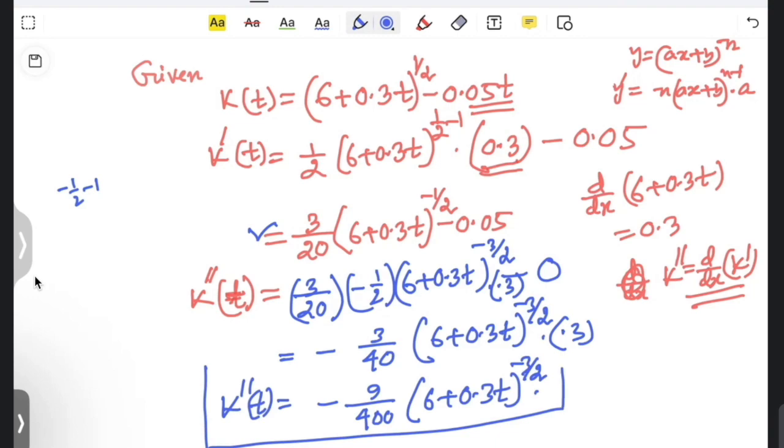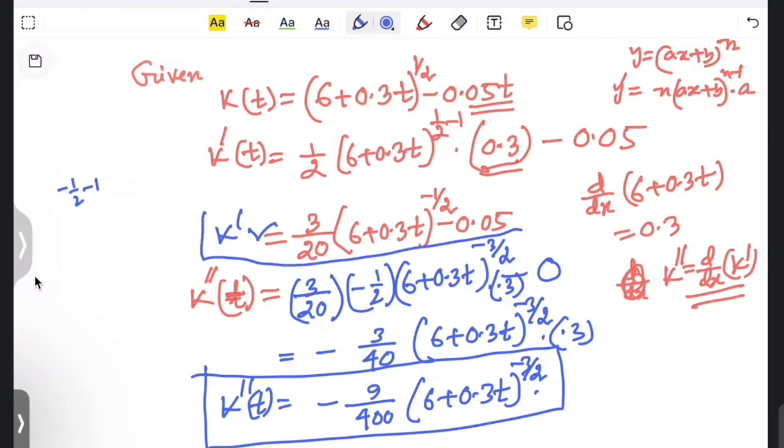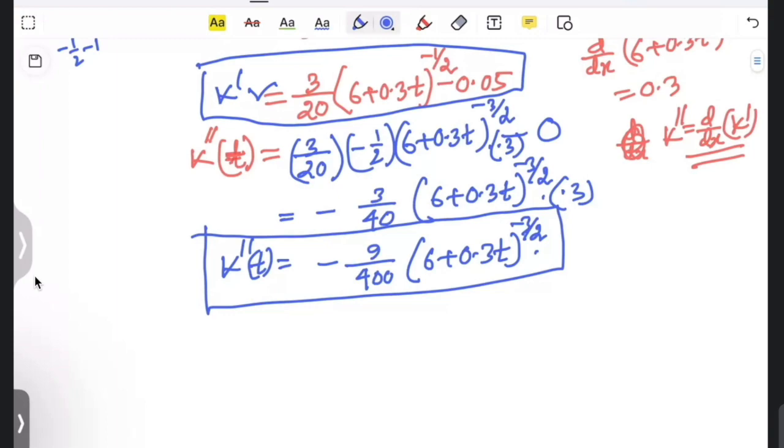We need this result later, but now we need the first derivative, because by setting the first derivative to zero we calculate the value of t, which will be the answer for a. So to know a, we set the first derivative equal to 0.